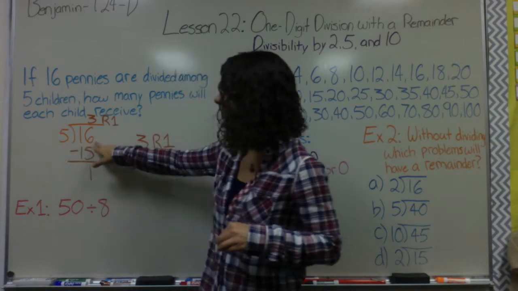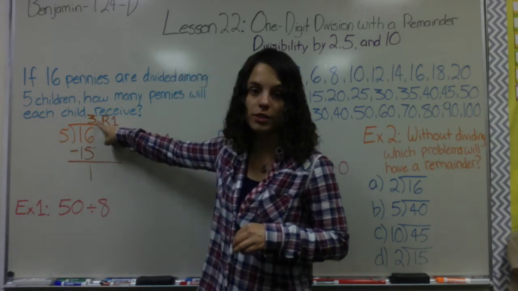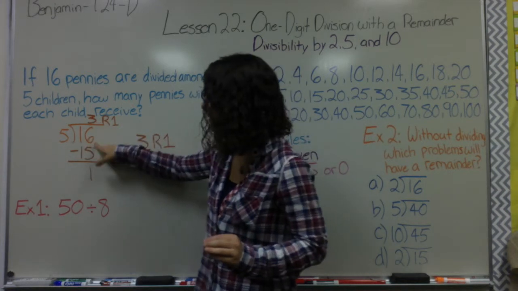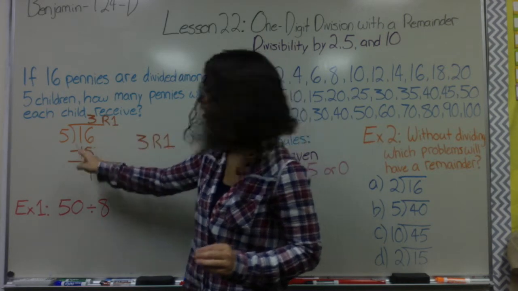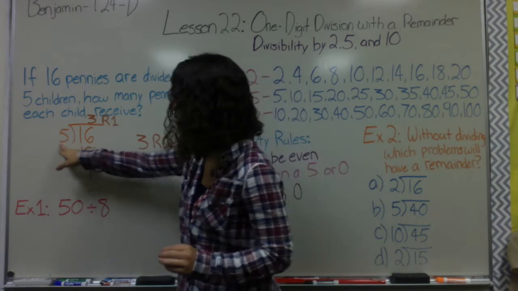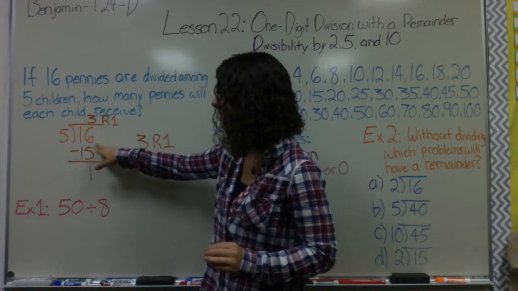5 goes into 16 3 whole times, so I put my 3. Now, this is important. Even though this is very basic right now, this is important. 5 goes into 16 3 times. I put my 3 above the 6. Notice I did not put it above the 1, because I'm not saying 5 goes into 1 3 whole times. I'm saying 5 goes into 16 3 whole times.